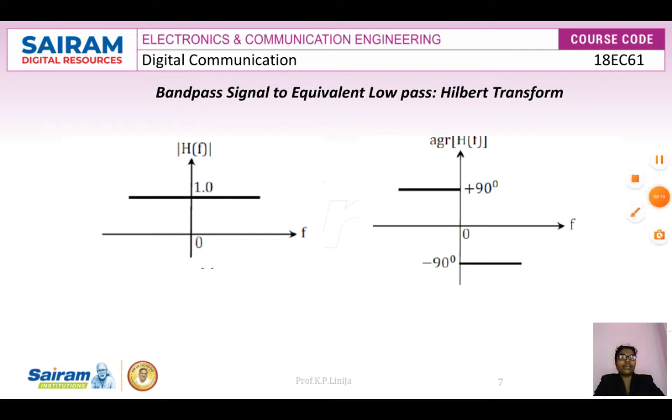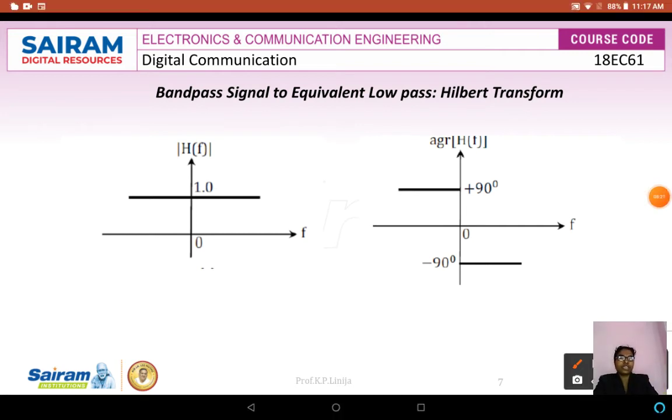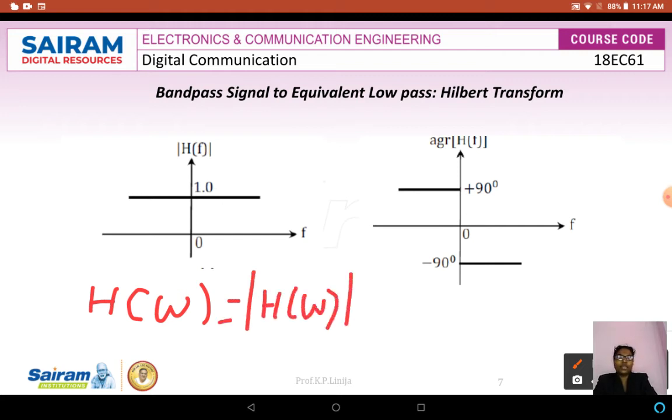Therefore we can write the transfer function of the signal as H of omega is equal to modulus of H of omega into e power j theta of omega. So this theta is nothing but plus 90 degree or minus 90 degree.